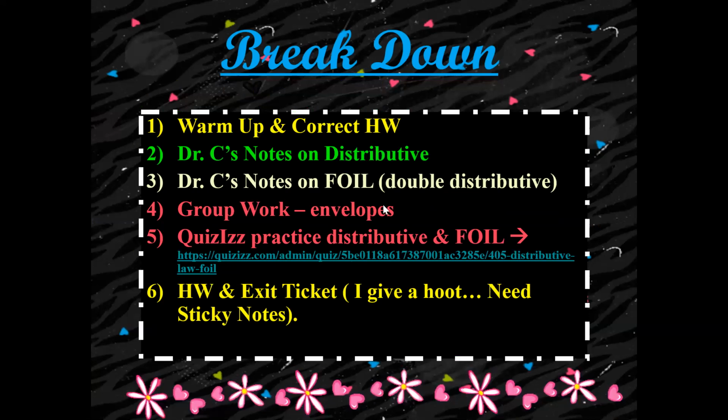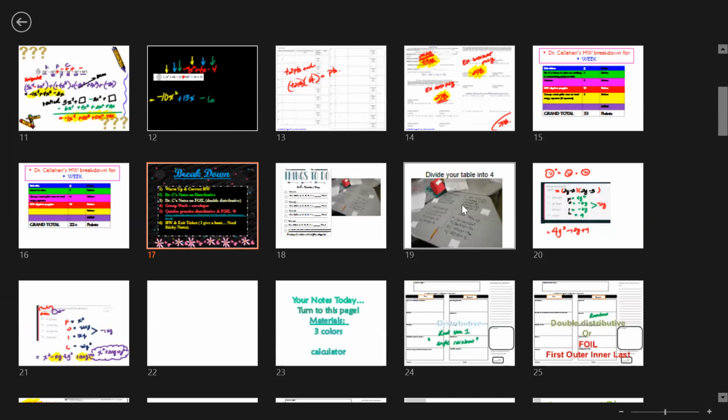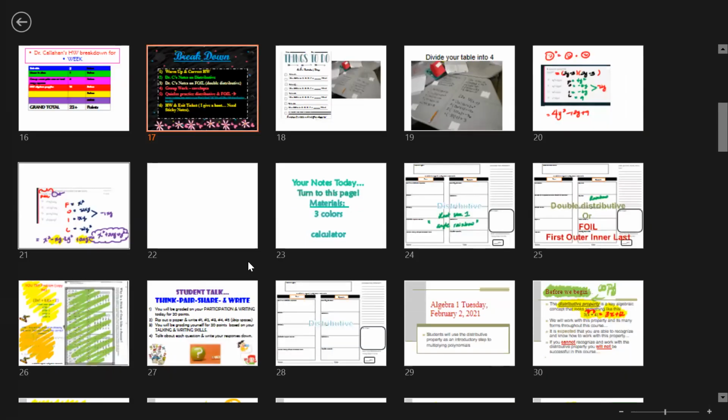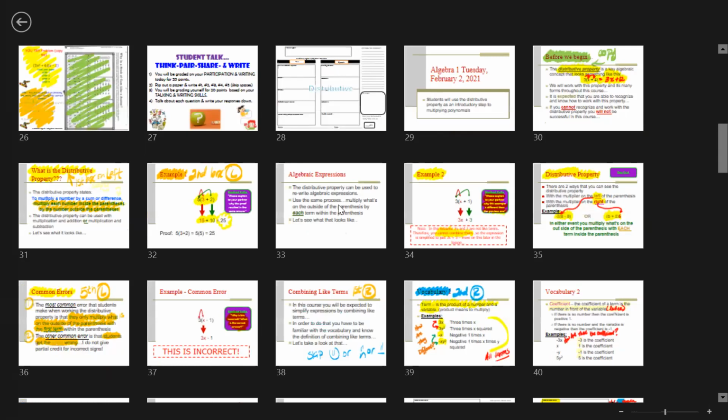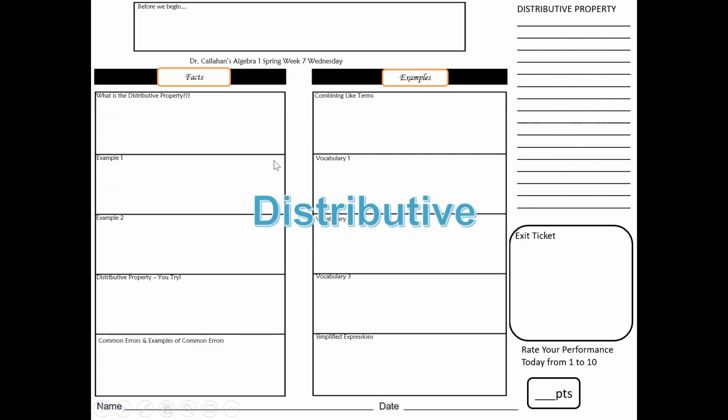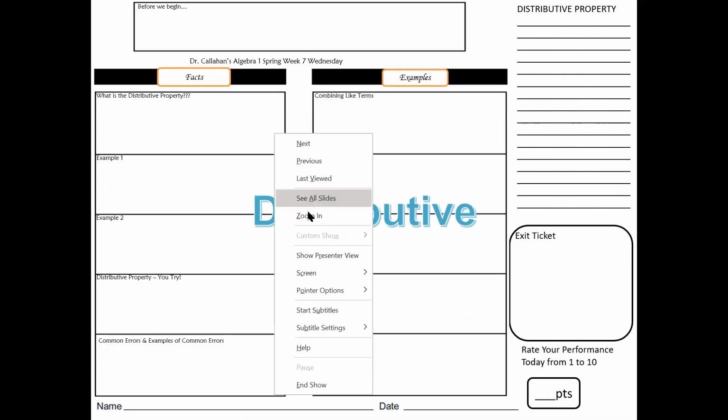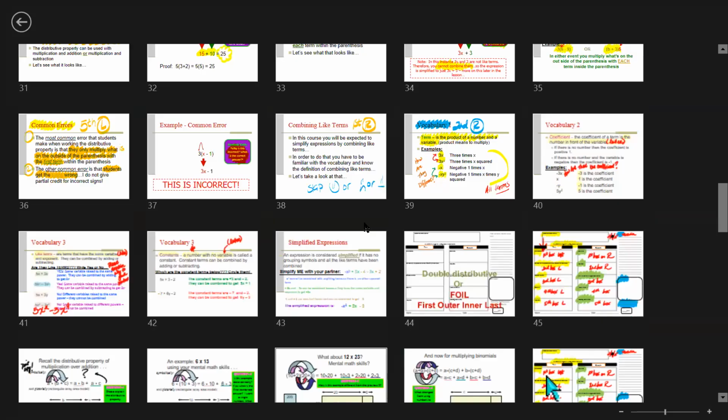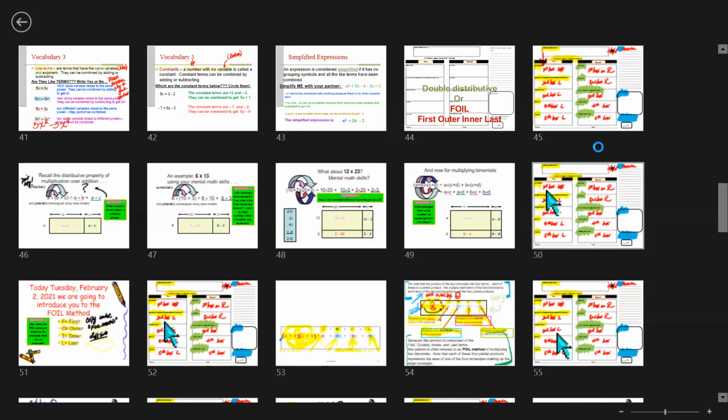All right, let's go ahead and get started then. We're going to start off with FOIL and what FOIL actually stands for. So let's get started with the very first one right here.